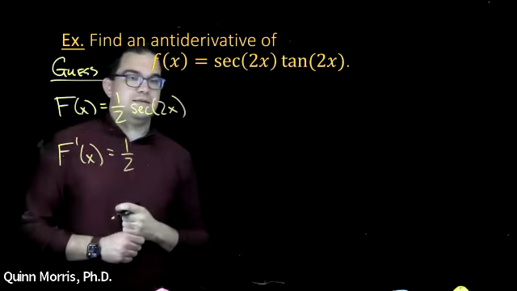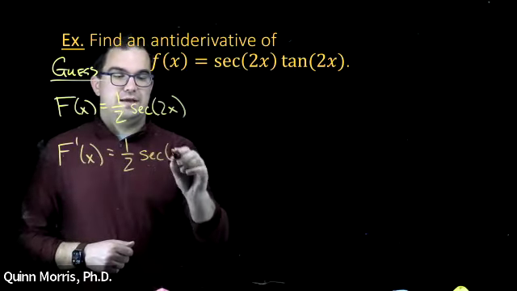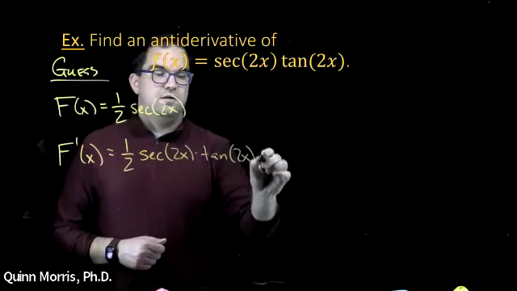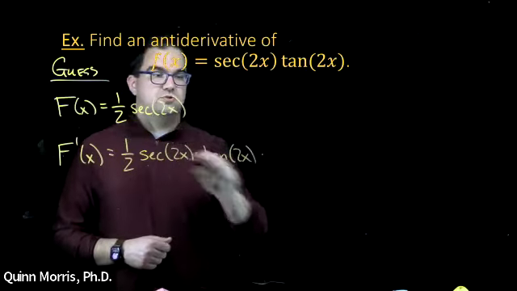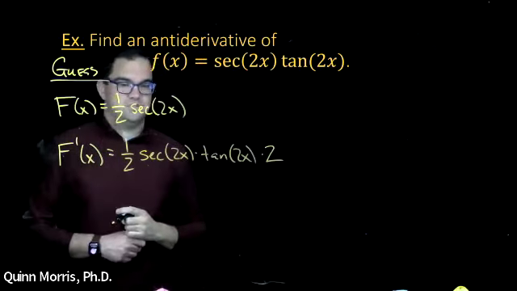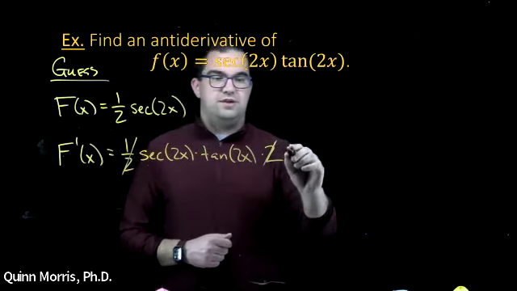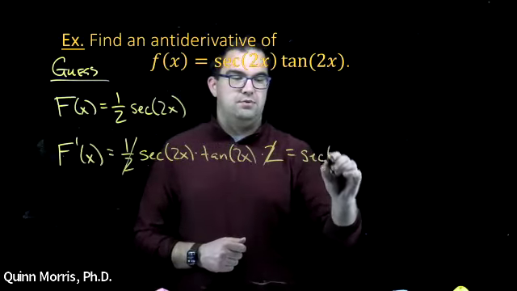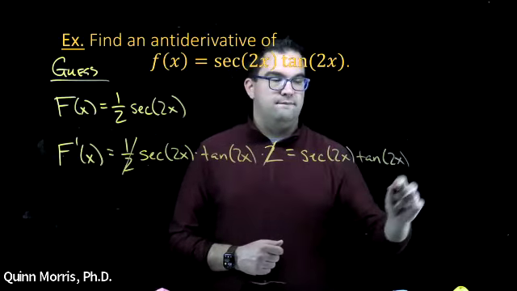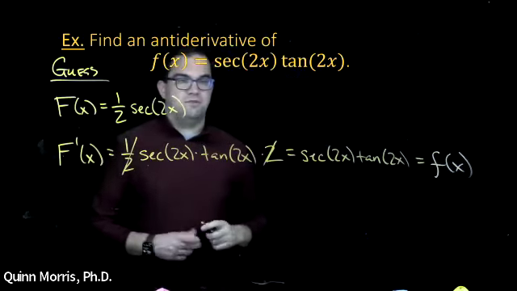It's just going to hang out while I take the derivative. Now, derivative of secant of 2x. That's secant of 2x times tangent of 2x times the derivative of the inside function, which is 2. The inside function is 2x. The derivative is 2. And now this 1/2 and this 2 multiply together to give me 1, and I just end up with secant of 2x, tangent of 2x, which is my function f of x.